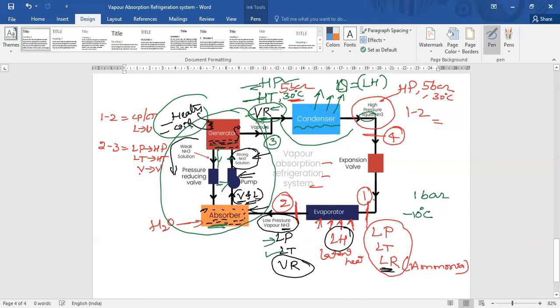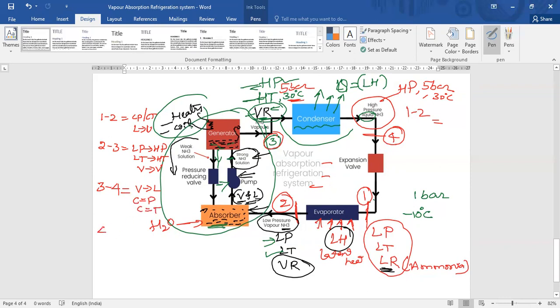There is no change in phase condition. And 3 to 4 is in the condenser, here is point 3, here is point 4. So 3 to 4, there will be a change of phase from vapor to liquid because heat is rejected, and there is no change in pressure. Again, it is constant pressure and constant temperature.